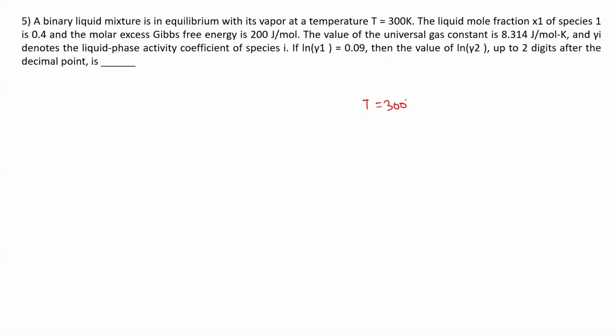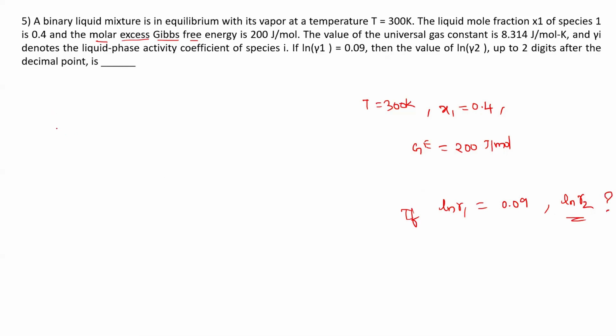So T is equal to 300 Kelvin, X1 is equal to 0.4, and the molar excess Gibbs free energy G equals 200 joules per mole. The value of R is given. Gamma i denotes the liquid phase activity coefficient of species i. So if ln gamma 1 is equal to 0.09, what is the value of ln gamma 2?